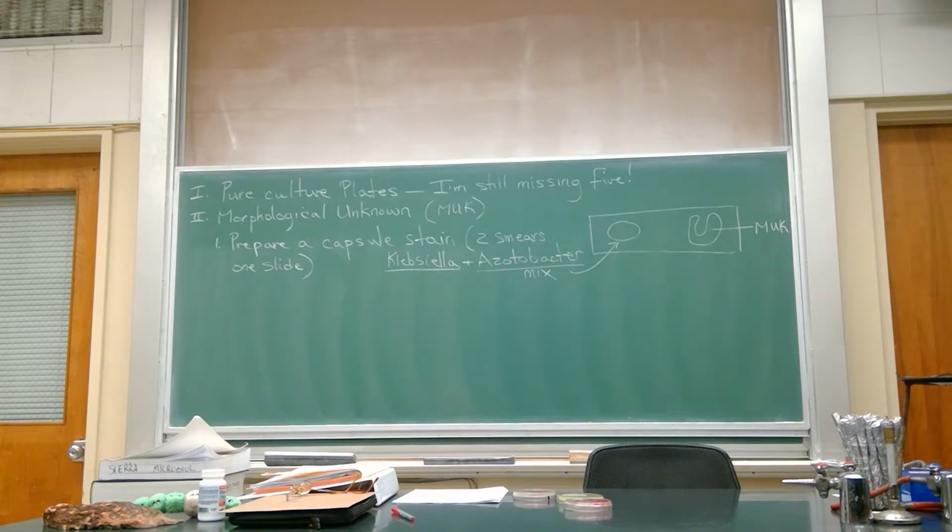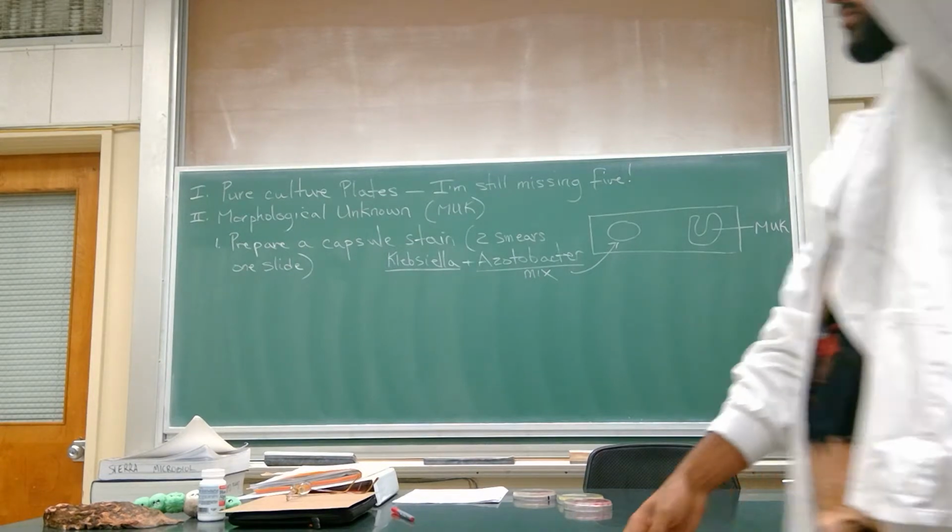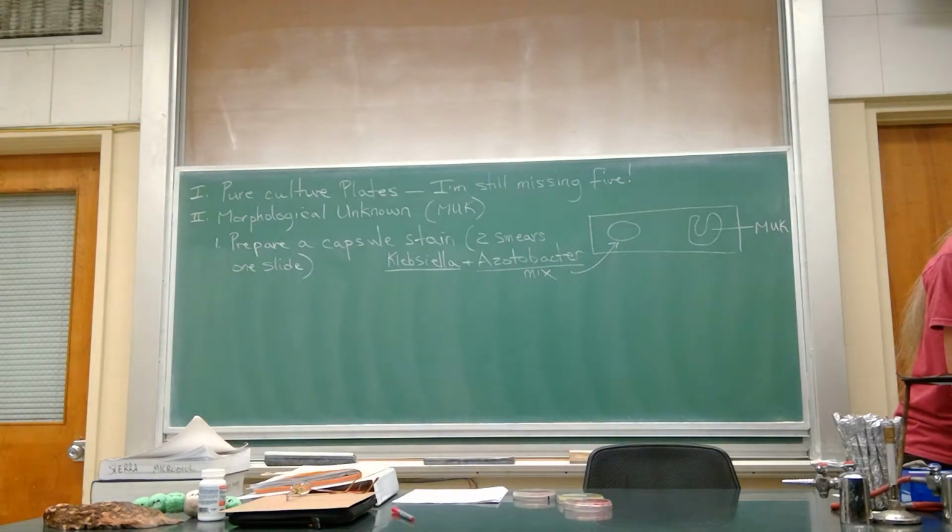So please pick those up. The Klebsiella is in slants. They're on the table, so they're in the green tray.